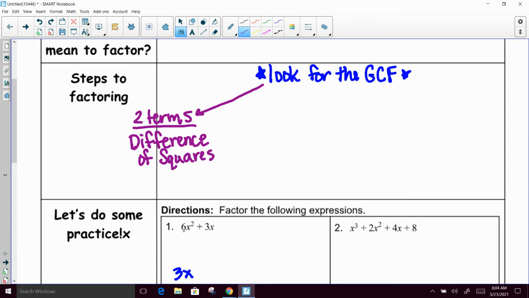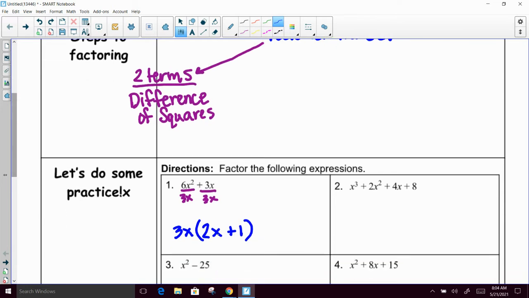Essentially what we're doing is dividing each of those by 3x. Well, 6x squared divided by 3x is 2x. And a positive 3x divided by a positive 3x is 1. In my parentheses, I do have two terms, but because my degree here is 1, I know I can't go any further.